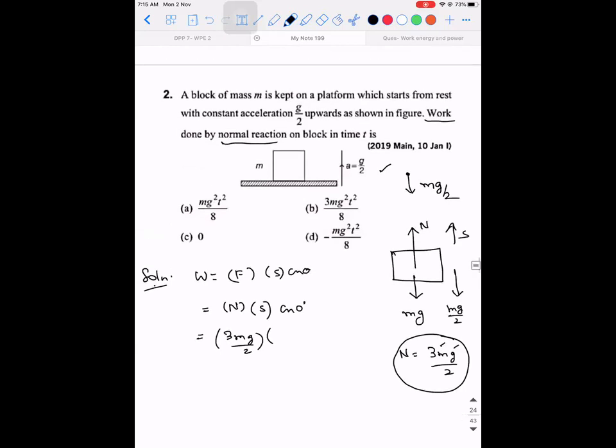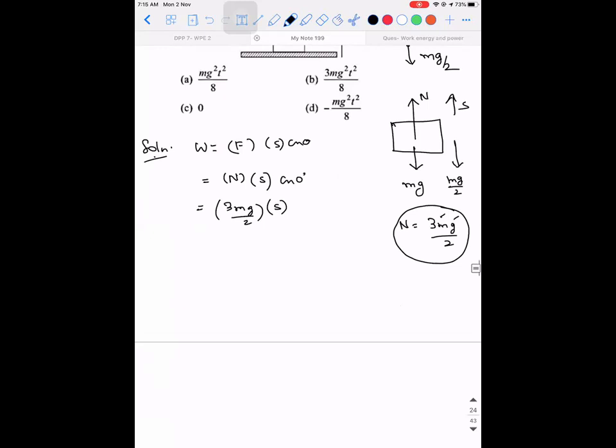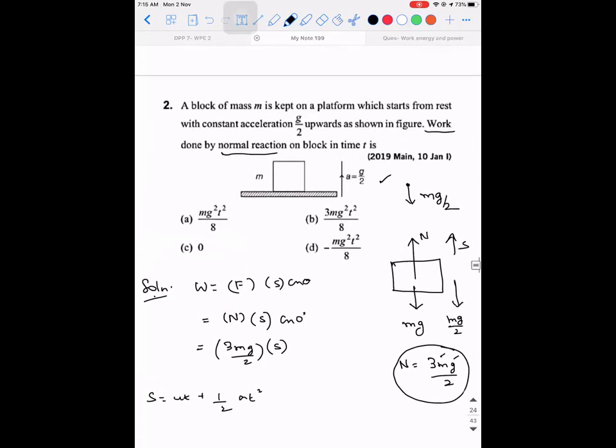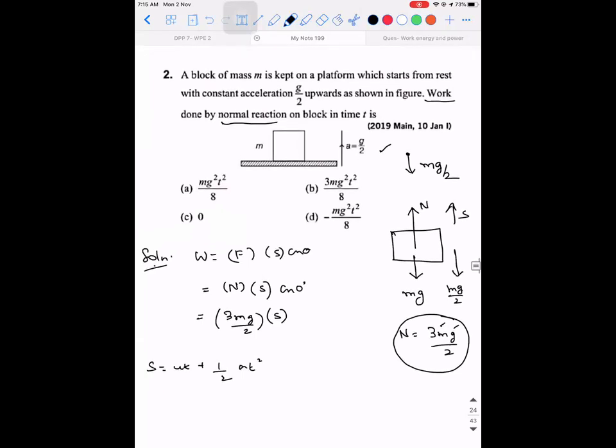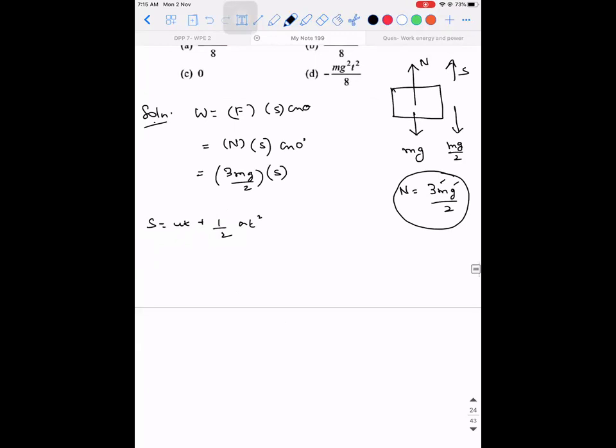To find the displacement of the object, what are we supposed to do? Equations of motion. Yes. So S is equal to ut plus half at square. The block is starting from rest, so u is 0. So S is equal to half into, what is the acceleration of the block, guys?